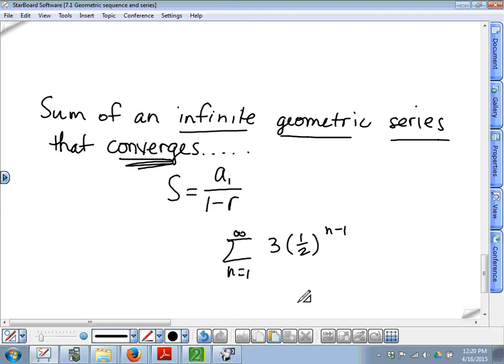So if you started with 3, and then added 3/2, and then 3/4, and then 3/8, and then 3/16, that's what that sequence means. All the way out to infinity, what would it equal? Well, you don't have to go out to the infinite term. You just have to use this formula. What's the first term of the series? 3.